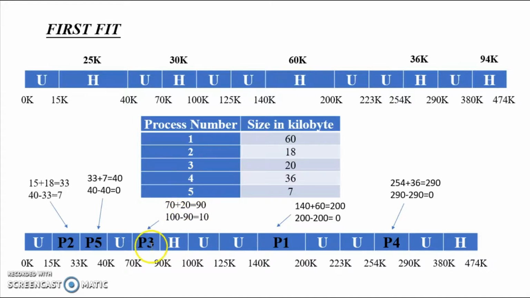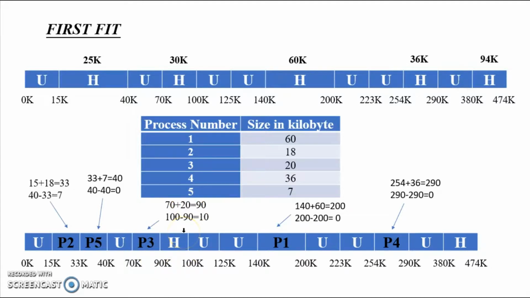and the hole starts from 70 kilobyte until 100. So we add up the third process, which is 20. So process number 3 starts at 70 and stops at 90.